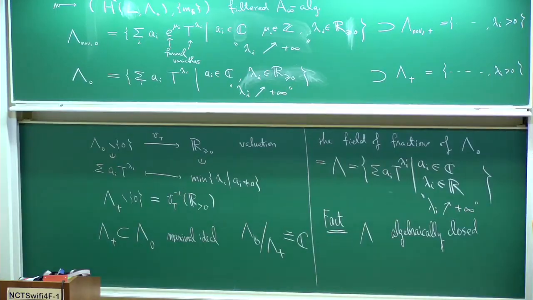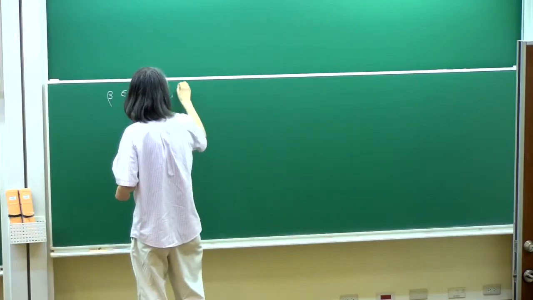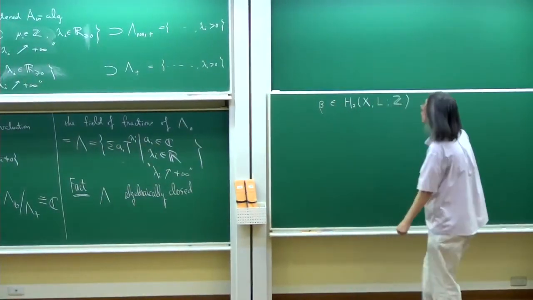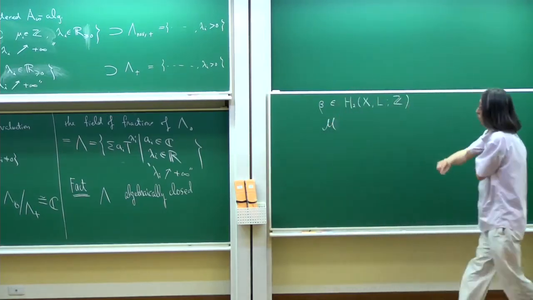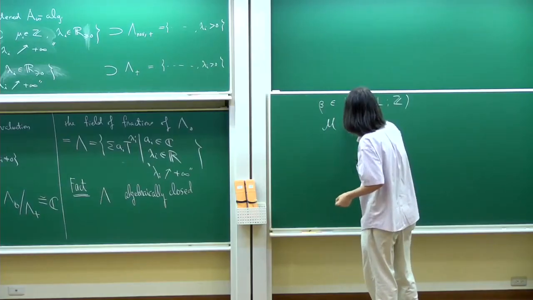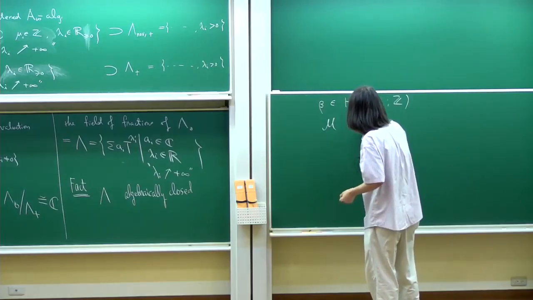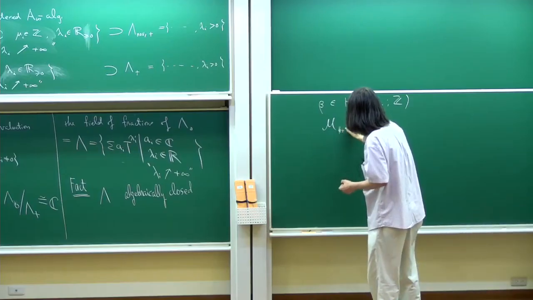Okay. So how do we define this? Take beta from the second relative cohomology of this, and then consider the moduli space of bordered stable maps representing class beta, so that we have k plus 1 marked points on the boundary.